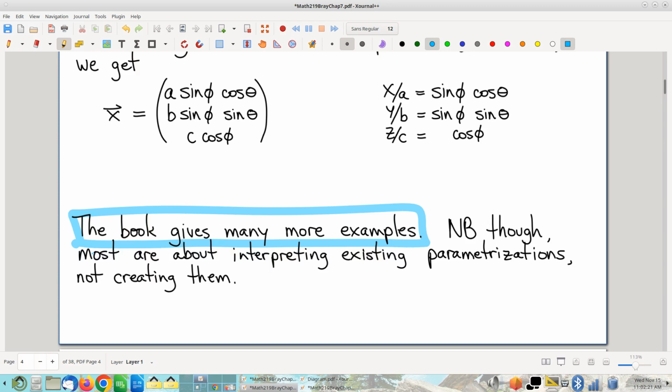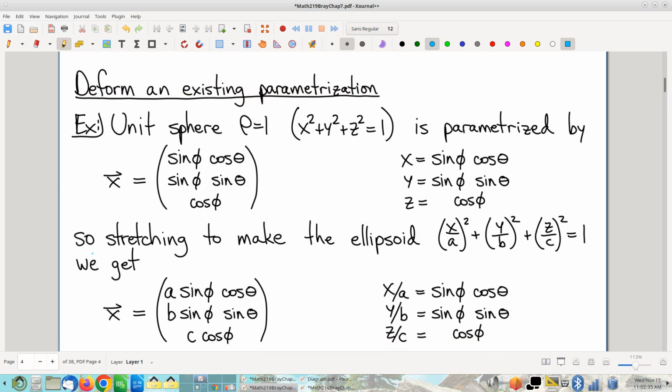It's going to be the other way around. You're going to be given surfaces described in some way, and you're going to need to create parameterizations.